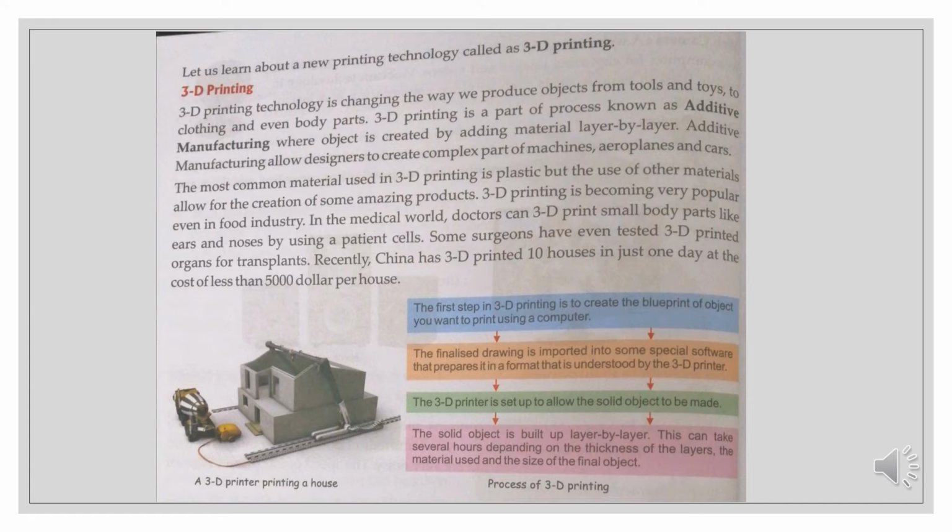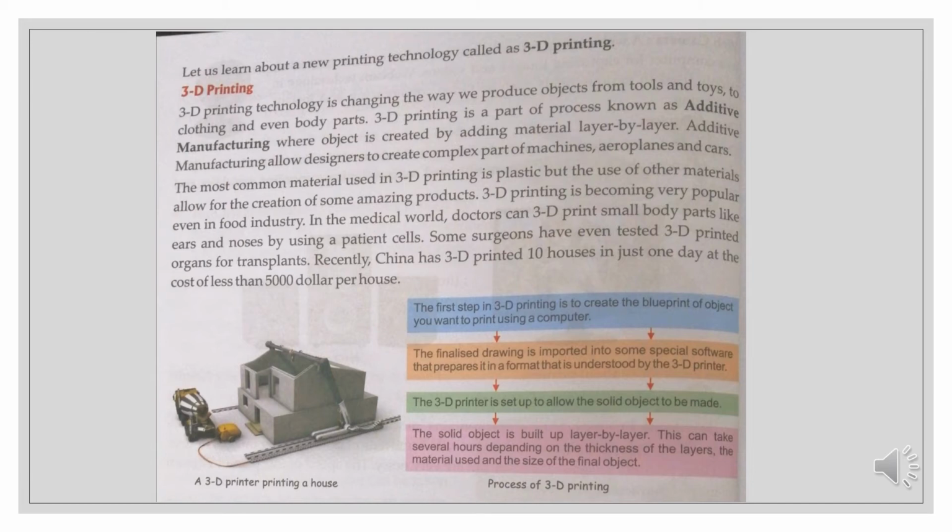The material used in 3D printing is plastic, but for the creation of some amazing products, they are using some other materials too. The application of 3D printing technology is in food technology as well as in the medical field. Doctors can create small body parts like ears and noses by using the patient's cells with the help of 3D printing.